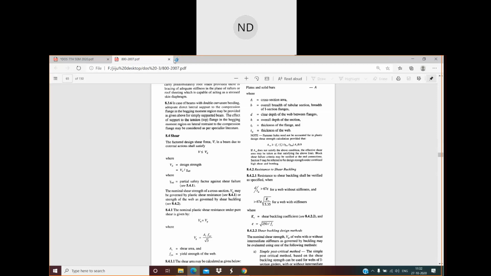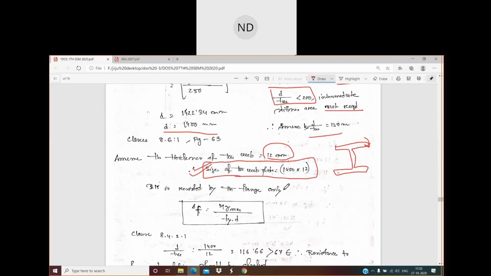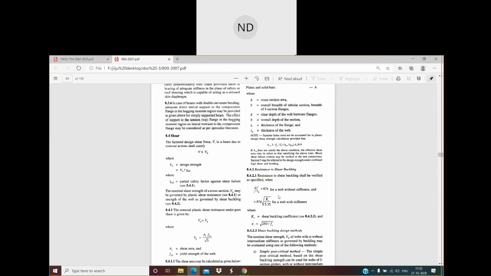So you see here, we have assumed this size. Now we will check one thing: since your web is always resisting the shear, resistance to shear buckling shall be verified. Once it is verified, we will see whether it is okay or not.